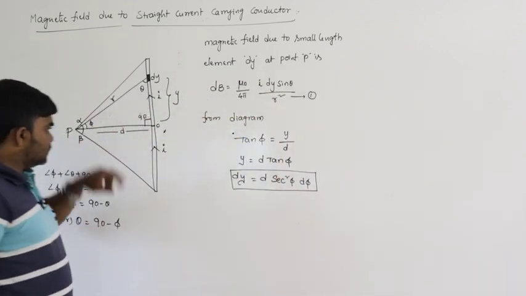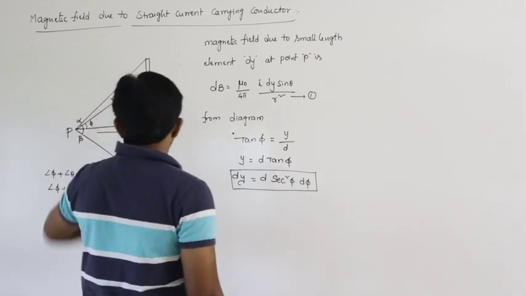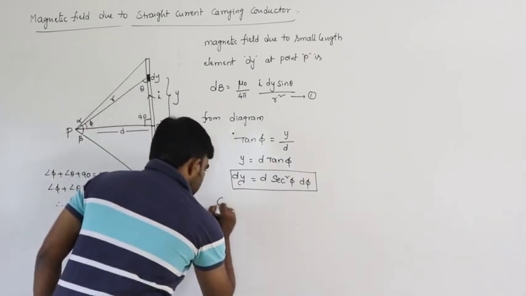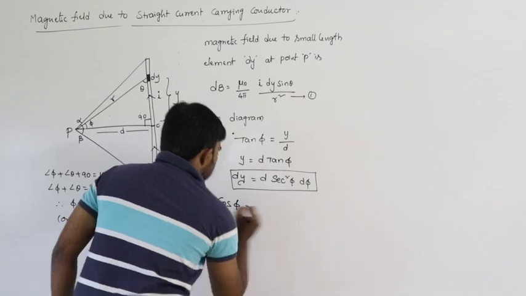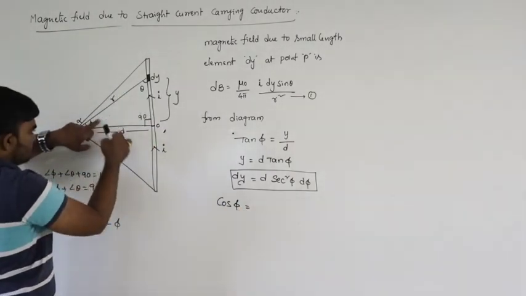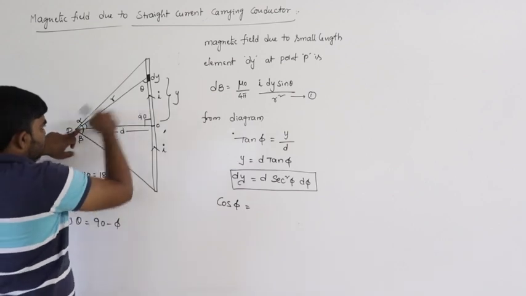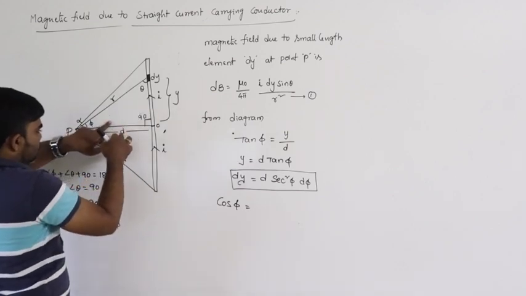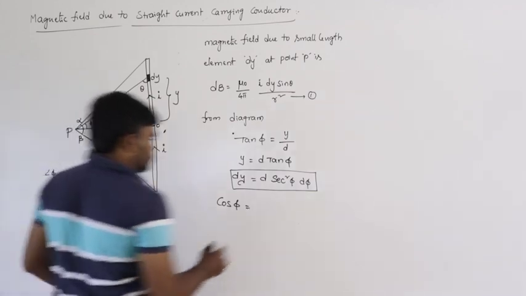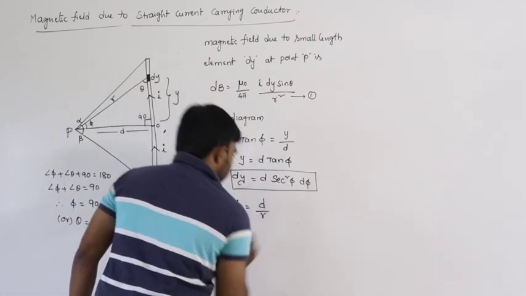Next, from the diagram we can write cos φ equals adjacent side by hypotenuse. From this right angle triangle, the adjacent side is d and the hypotenuse is r, so cos φ is d by r.